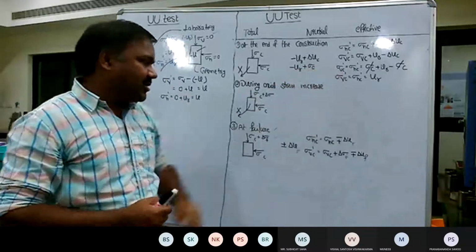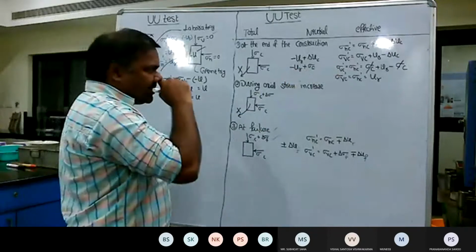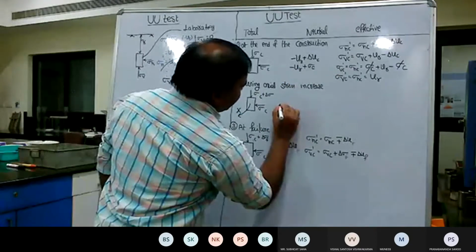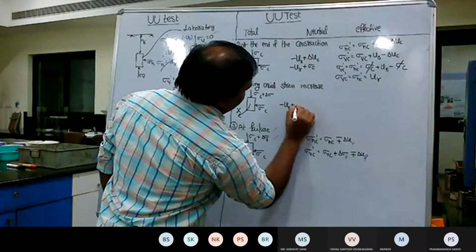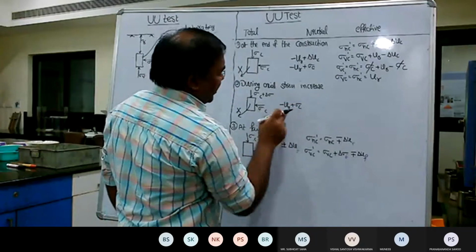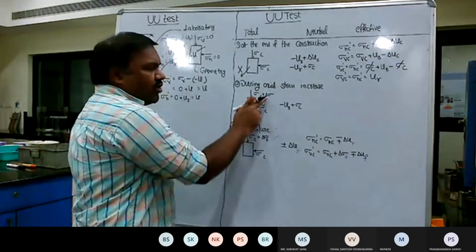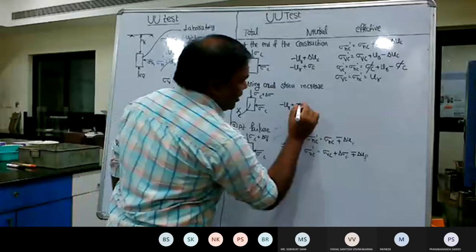Okay, so this is the first stage. Now in the second stage, where you are applying the axial stress, the pore water pressure can be written in this form: minus UR plus delta sigma. This is as a result of the application of the confining pressure. Now what will happen to the pore water pressure as a result of the application of the delta sigma?